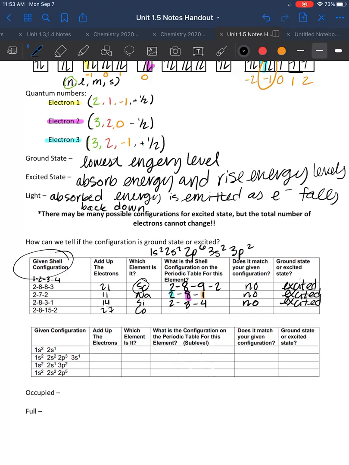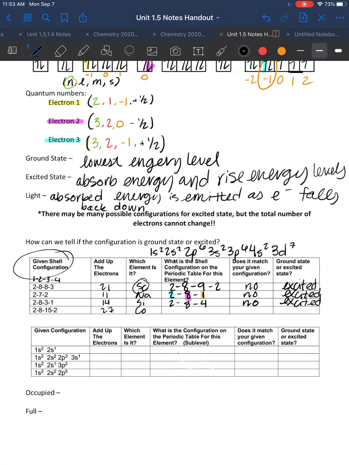All right, and then lastly we will do cobalt. So here we have 1s2, 2s2, 2p6, 3s2, I'm going to carry on, 3p6, 4s2, 3d7. That should be, let's count that up, 10, 11, 12, 18, 19, 20, 27.